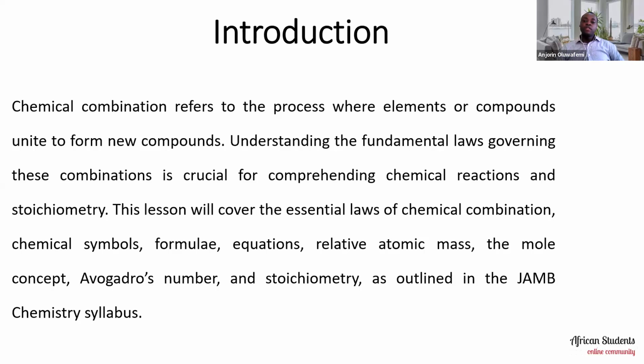Understanding the fundamental laws governing these combinations is crucial for comprehending chemical reactions and stoichiometry. This lesson will cover the essential laws of chemical combination, chemical symbols, formulae, equations, relative atomic mass, the mole concept, Avogadro number, and stoichiometry as outlined in the JAMB chemistry syllabus.